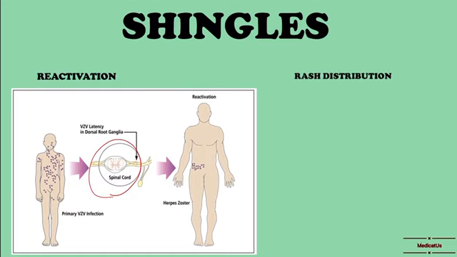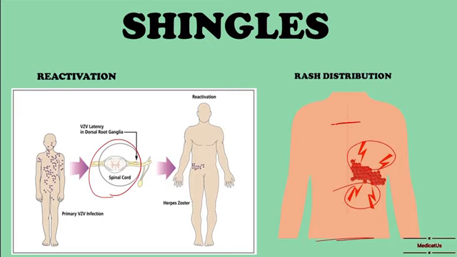And the rash distribution is unilateral and segmental. Segmental because it is most common in segments of the dermatome D3 to L2, and it is painful.